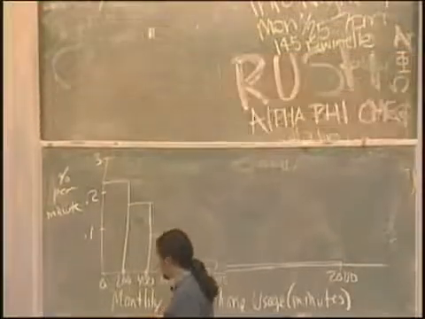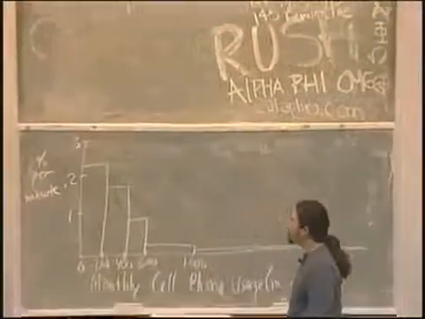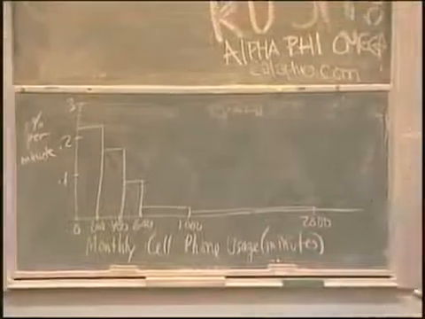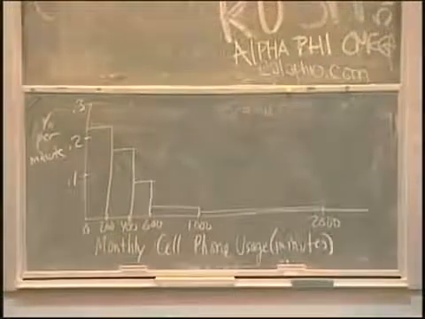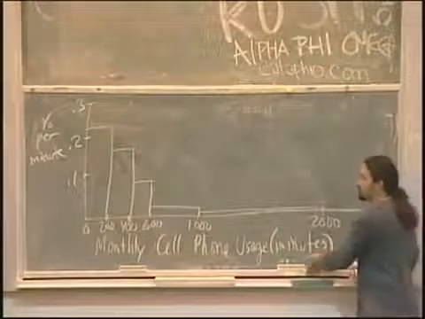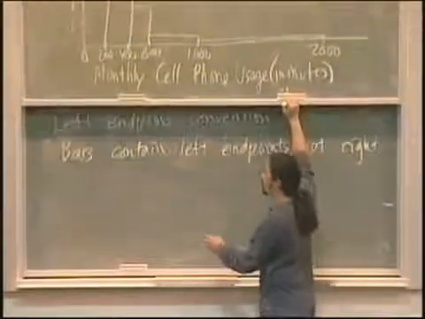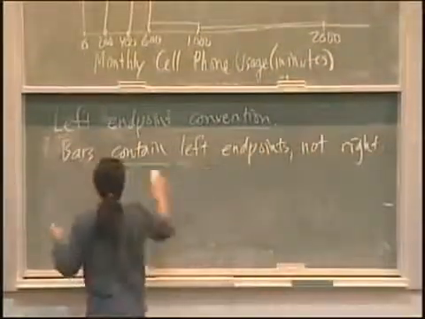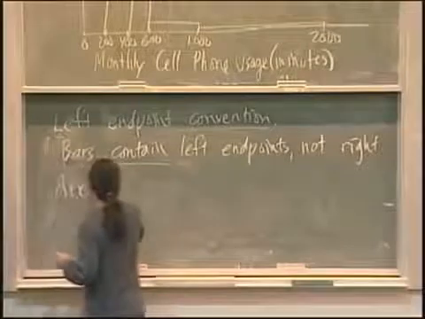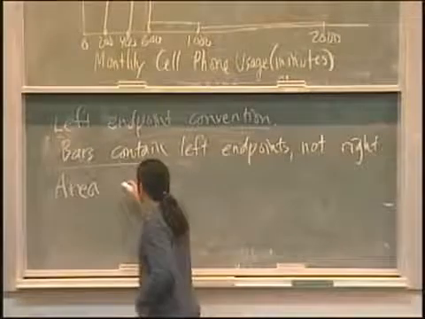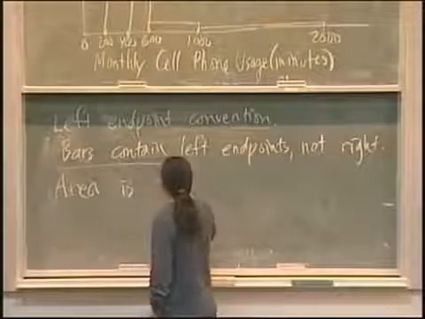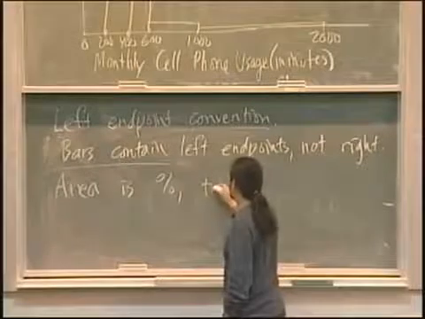The sense in which you don't need an axis is that it's implied by the fact that, let's say it, this fundamental fact about histograms: area is percent, so total area is 100%.